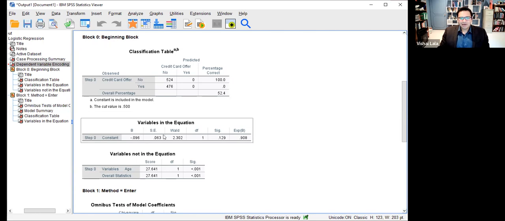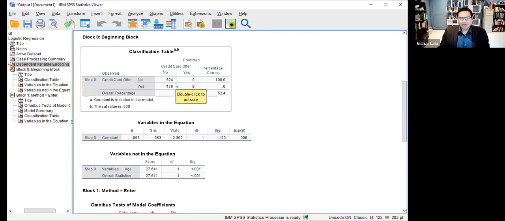So we're going to evaluate here our block zero, which is our baseline block. Our beginning block is one where we assume the existence of no other information available to us. In the absence of any other information, the most natural thing to do is to predict using what you have, which in the case of a binary outcome situation is the majority class.